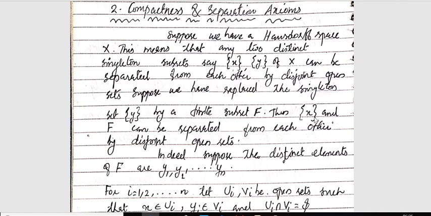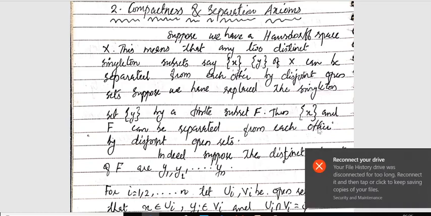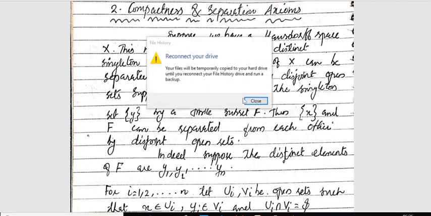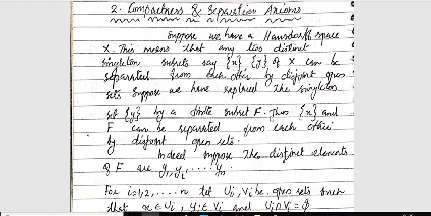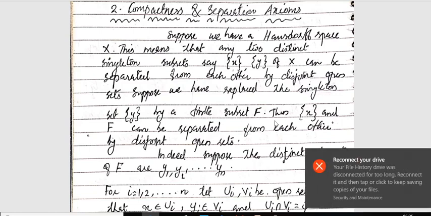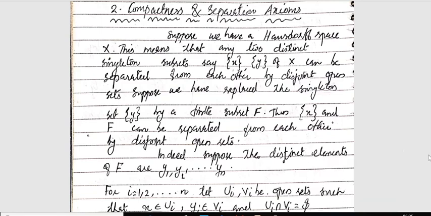Since the space is Hausdorff, you take your x and 1, and you will get an open set covering x and one open set covering 1, which should be disjoint.